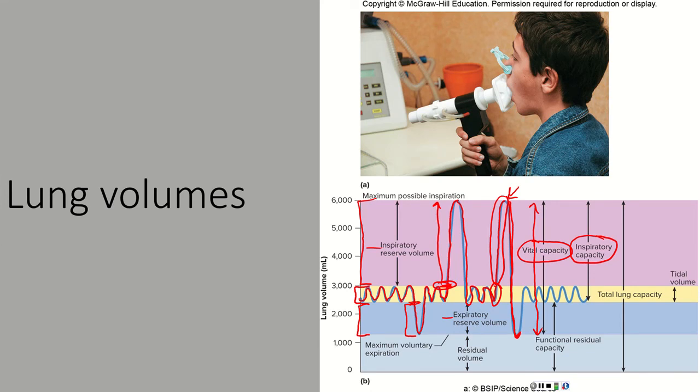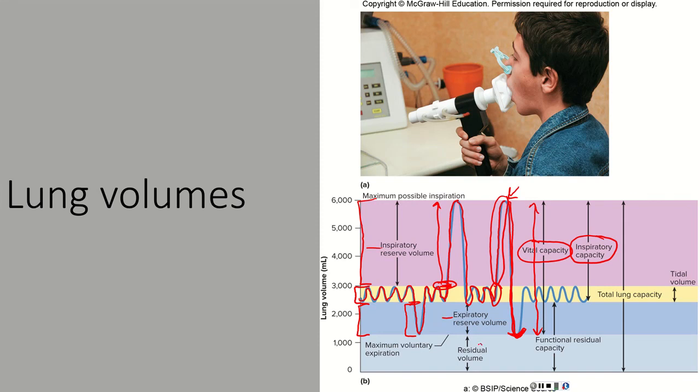Now, if we breathe out as much as we possibly can, so now our lungs are as deflated as we can make them. We've blown off all of the air that we can blow off. Well, our lungs do not deflate like an empty balloon. When we blow out all of the air that we can possibly blow out, there is still some air left in our lungs that we are unable to breathe out.